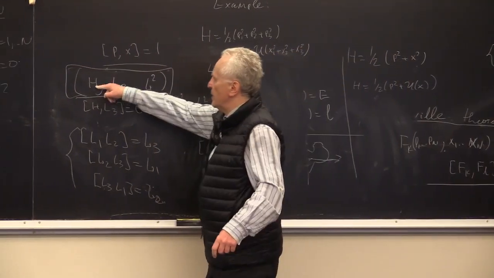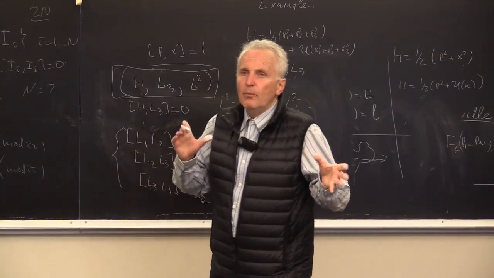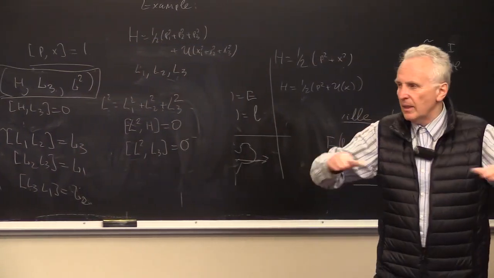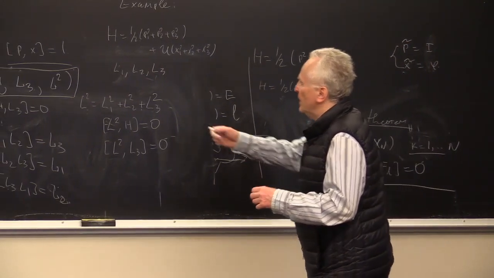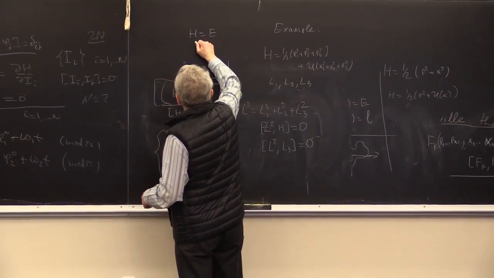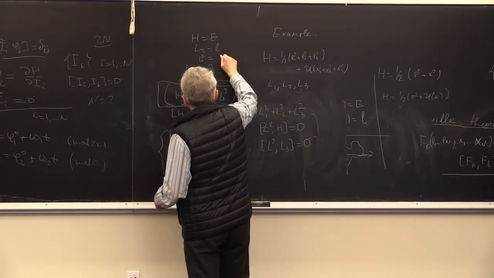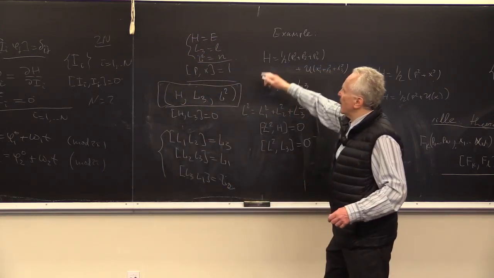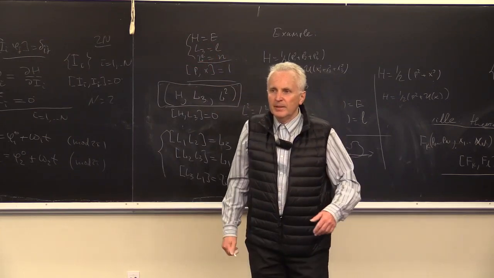You say H is E, L3 is L, L squared is, I don't know, N. These are numbers, and these are functions of P and X in 6-dimensional phase space.